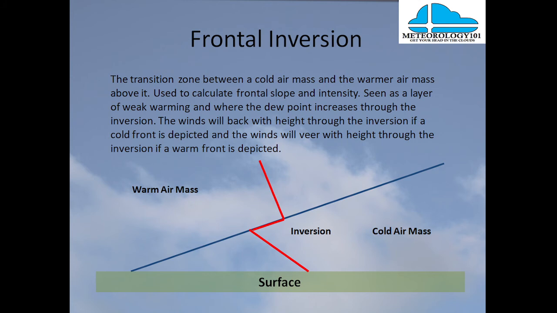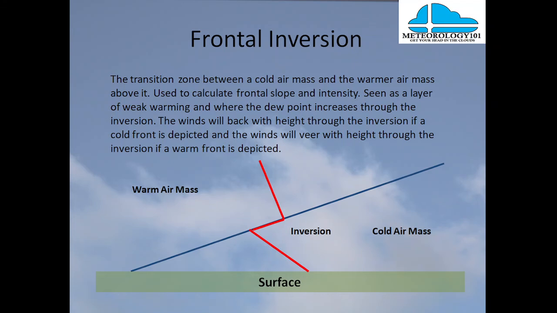Frontal inversion is the transition zone between the cold air mass and the warm air mass above it. It's used to calculate the frontal slope and intensity, and is seen as a layer of weak warming where the dew point increases through the inversion.